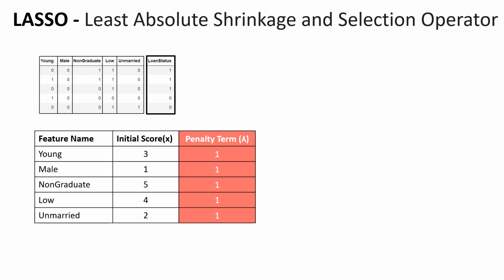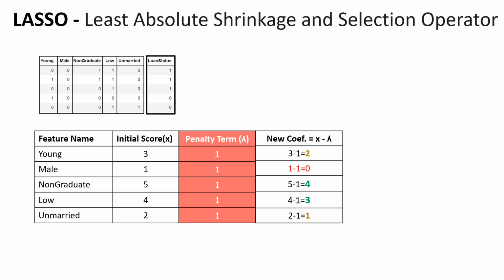Let's say the given value is 1, by which the feature will be penalized. It's very simple, right? In this shrinkage, lambda is simply subtracted from the initial score, and this is how we get the new coefficient. So the new coefficient equals x minus lambda, where x is the initial score, and this is the value we get.